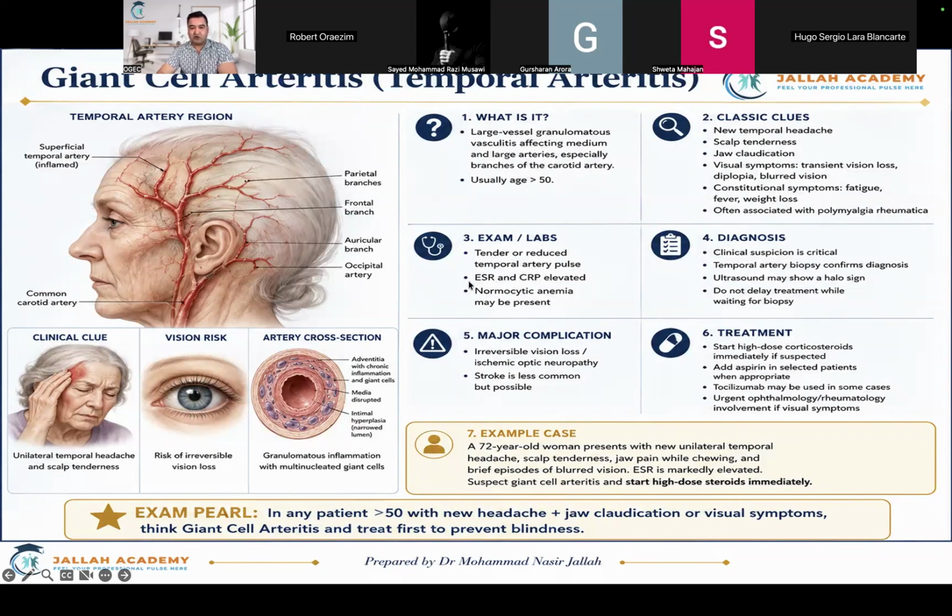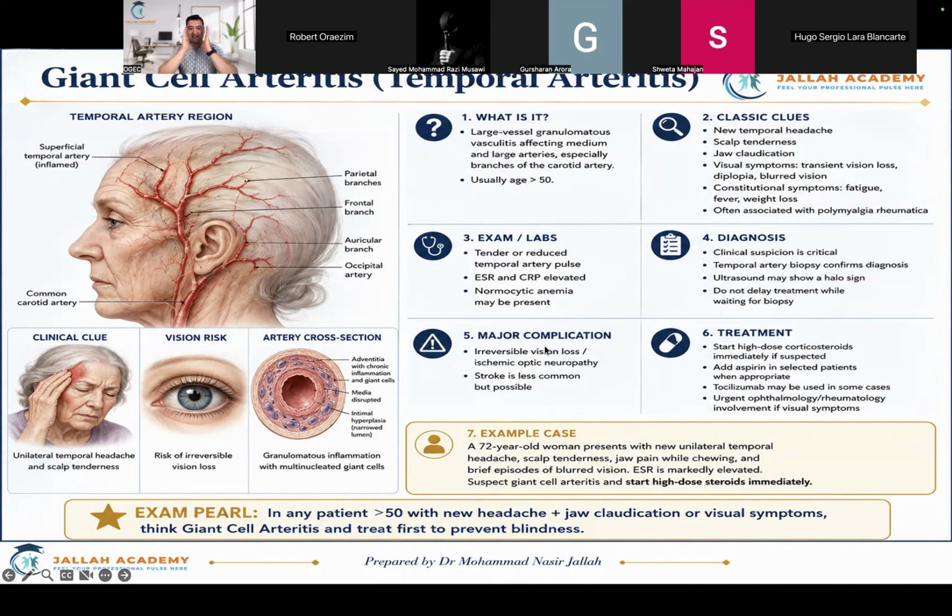Exam: tender or reduced temporal artery pulse, ESR and CRP elevated. Again, ESR could be more than 50, but if it is less than 50, it's still giant cell arthritis if the other characteristic clues are matching. Normocytic anemia may be present. Major complication, irreversible vision loss.